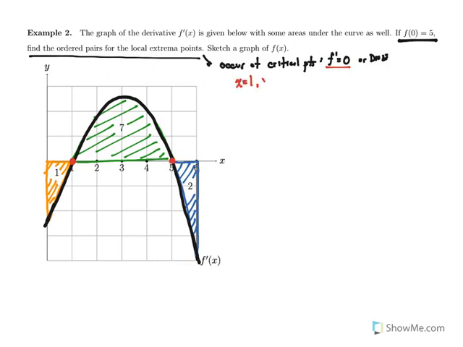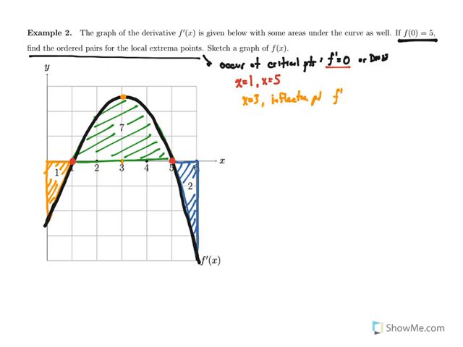And we could classify these critical points, something we did in the previous video. We could say that x equals 1 is going to be a minimum, x equals 5 is going to be a maximum using either the first or second derivative test. Something we also did is that around x equals 3, it's not quite at x equals 3, but we'll say around x equals 3, we have an inflection point.